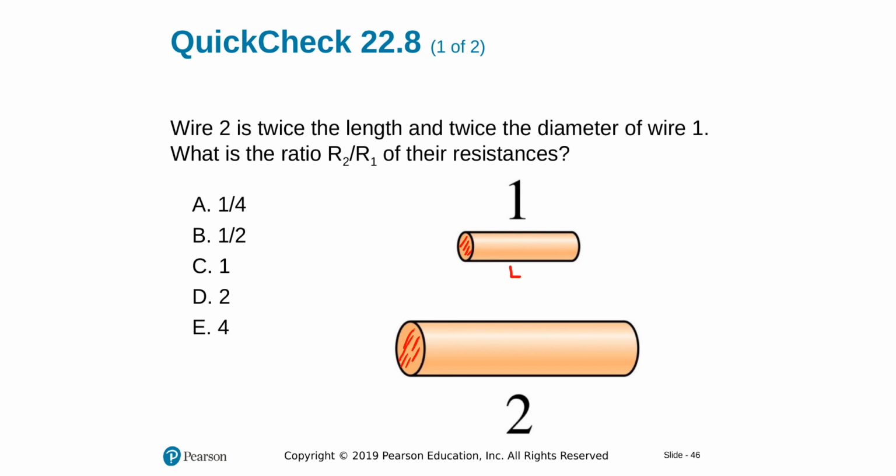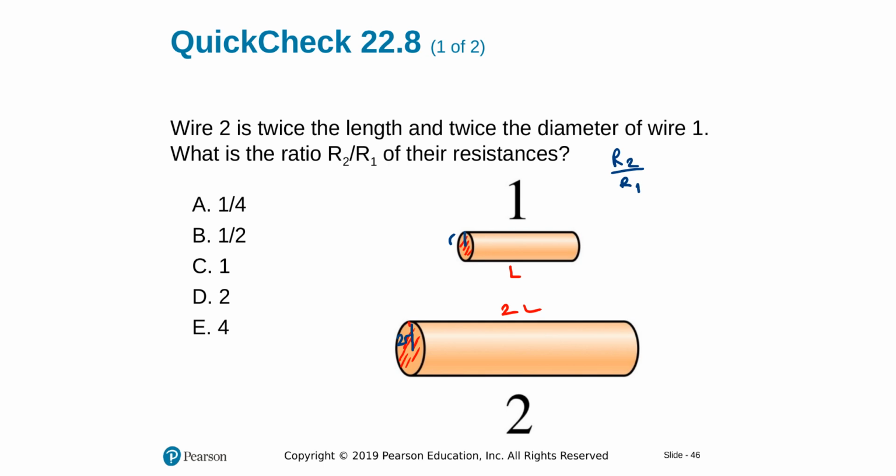So if this is L, this is 2L, and twice the diameter. So I'm gonna go to radius directly. If twice the diameter, twice the radius, so this is 2R, this is R then. What is R2 over R1?